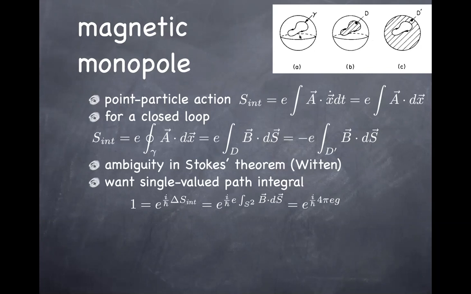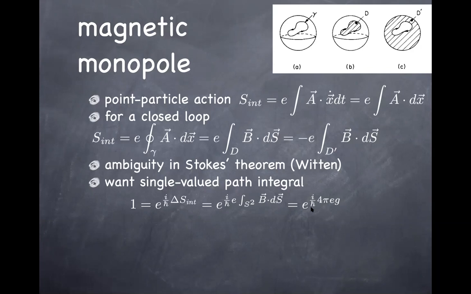And if the magnetic charge of the monopole at the origin is G, then this area integral would be 4 pi G, because you integrate the magnetic flux for the entire sphere over the solid angle 4 pi. So what you then find in the exponent is i over h bar 4 pi Eg.